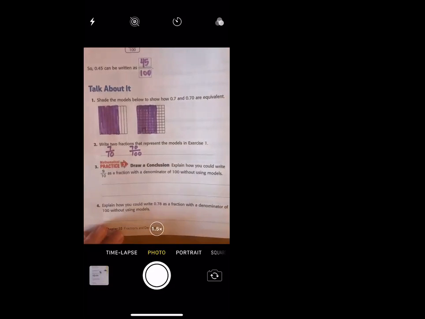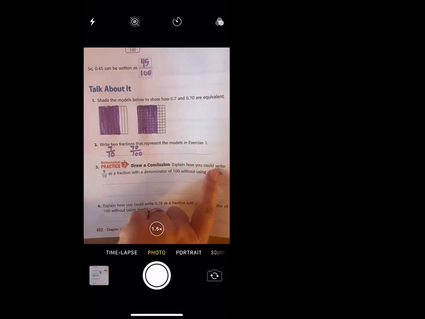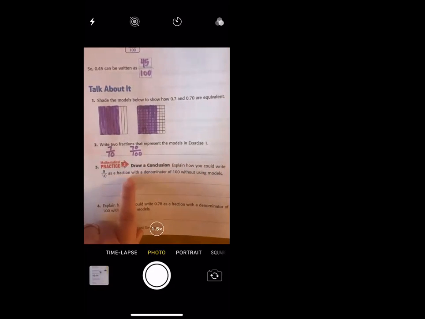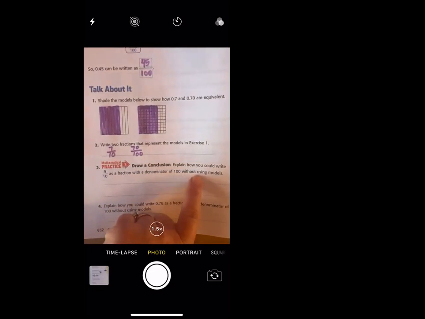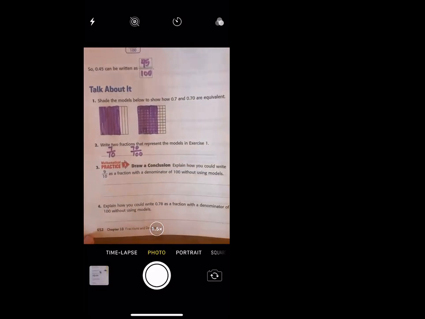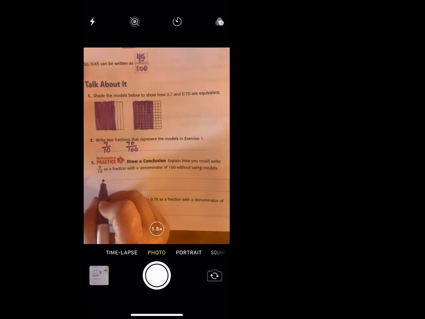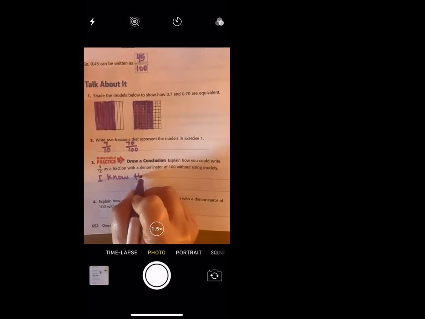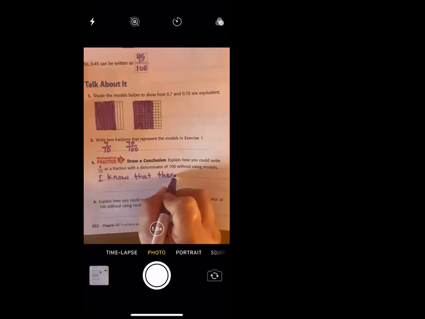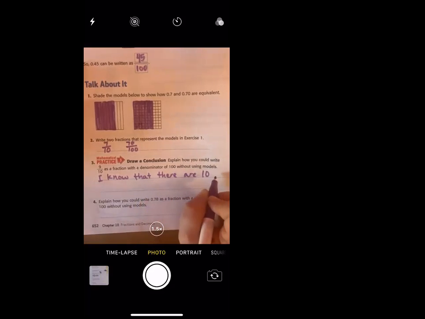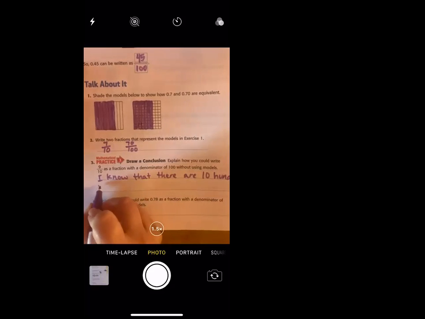All right, mathematical practice. Draw a conclusion. Explain how you could write 9/10 as a fraction with a denominator of 100 without using models. Okay, well, I know that there are 10 hundredths in each column.